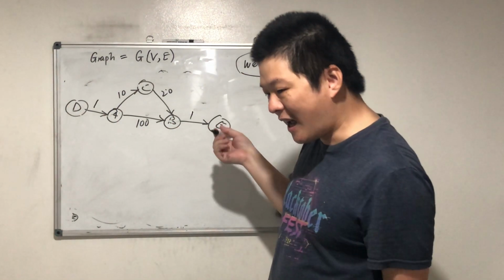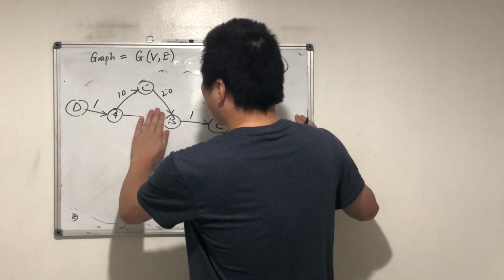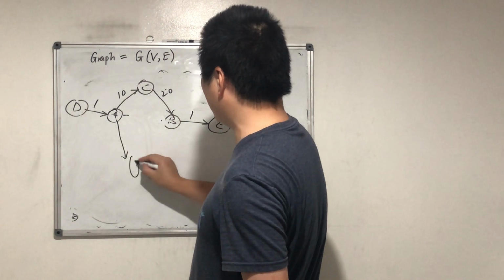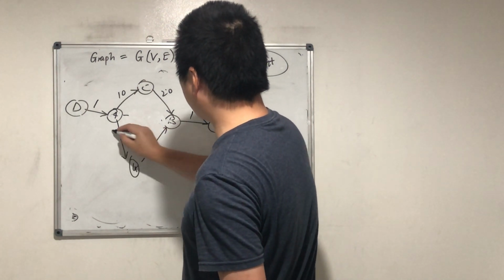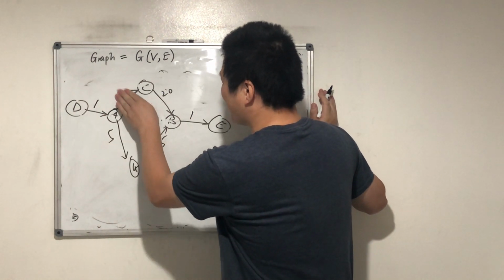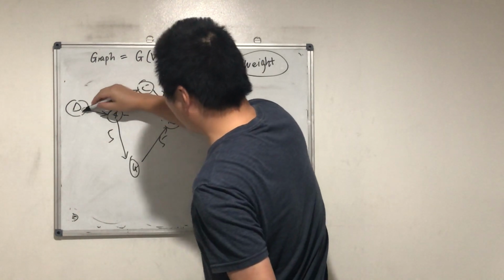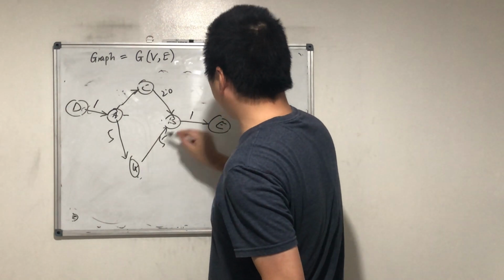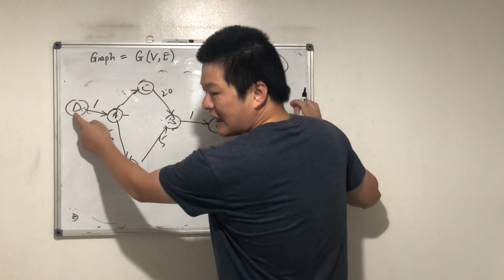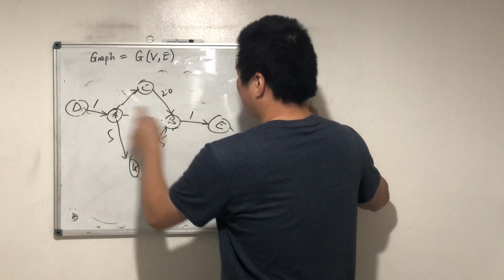And if later I find another path through G, which is 5, 5, I can update the whole path with this one: DA, AG, GB, BE. So we keep updating until we find the shortest path from D to E.